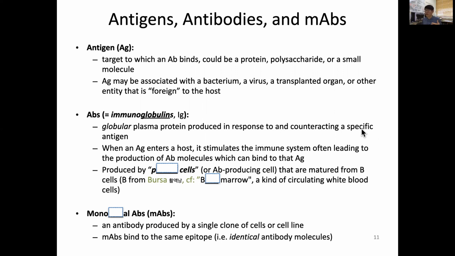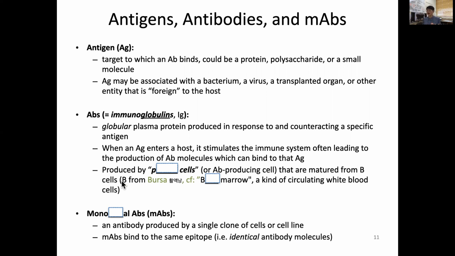You see, I put 'specific.' Specificity is a very, very important characteristic of antibody. When an antigen enters our body, that antigen stimulates our immune system, often leading to the production of specific antibody molecules, which can bind to that specific antigen.